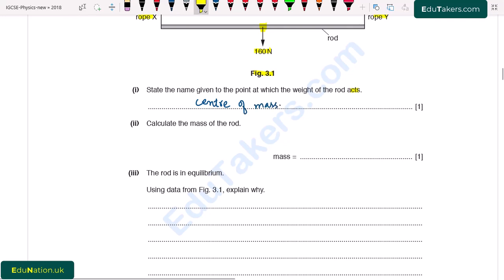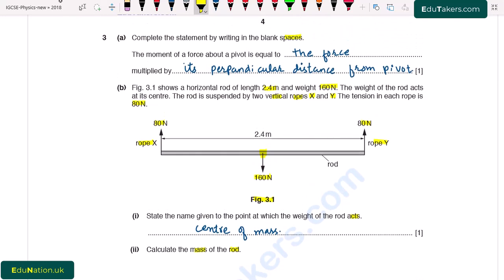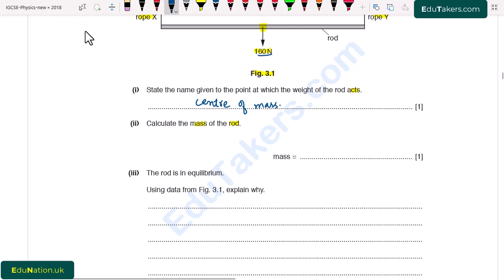Part 2. Calculate the mass of rod. Here we have to calculate the mass of rod. So going back to the figure, we can see that the weight of this rod is 160 Newton and it is acting in downward direction. So I write here weight is equal to 160 Newton. Second, here we have to find out the value of mass.